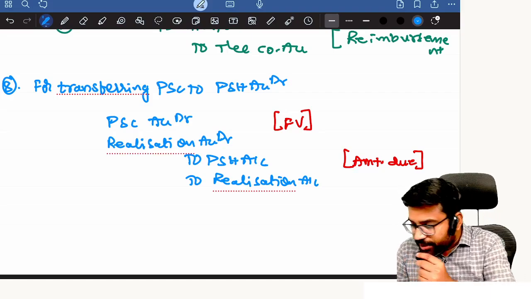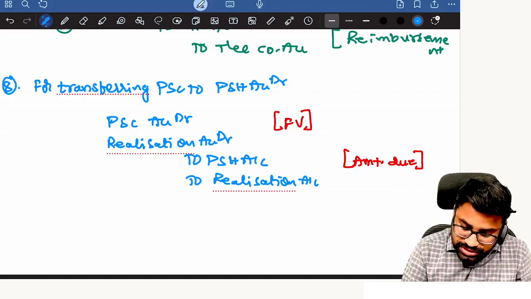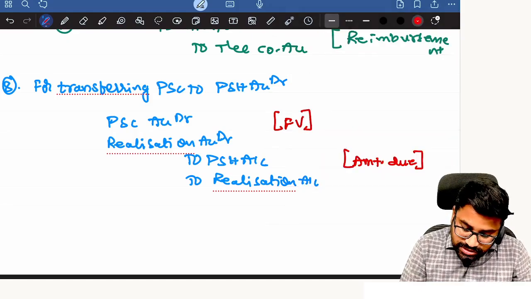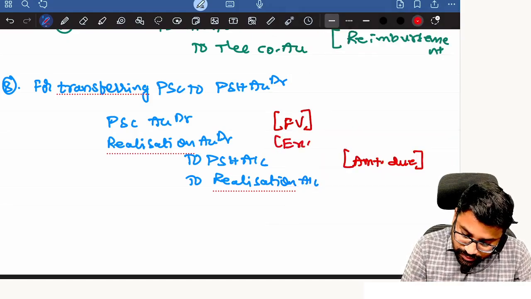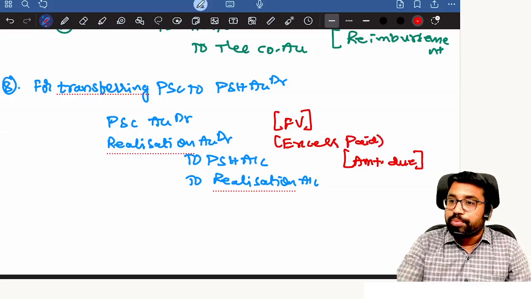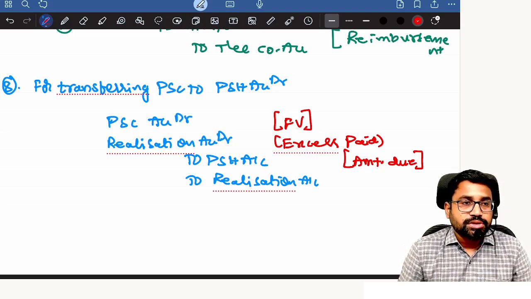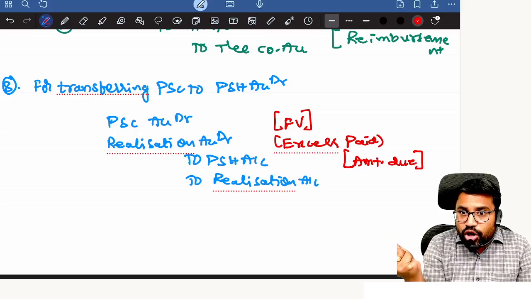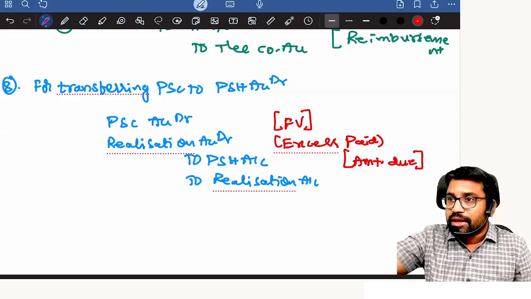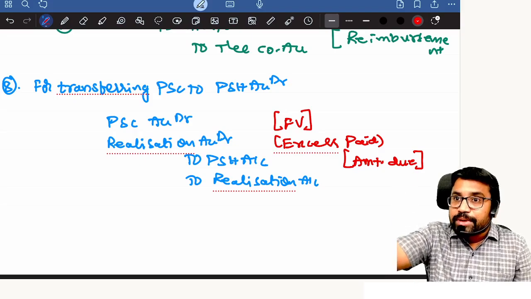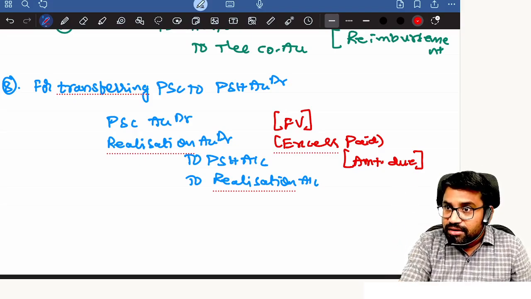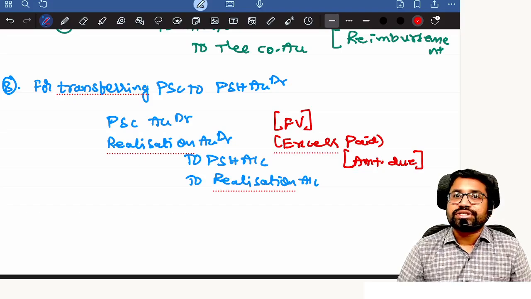When we debit realization account, there is a loss, that means excess paid. Whenever we are paying an excess amount, a premium, to the preference shareholders over the capital they brought, that is a loss. That loss will be debited to realization account.